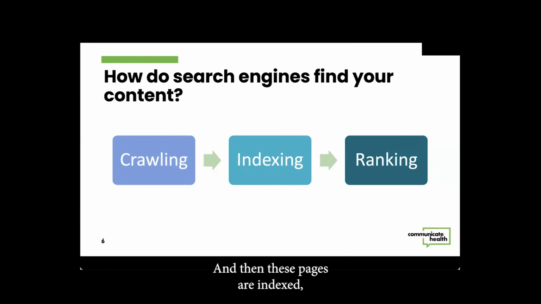And then these pages are indexed, so they're added to an index that search engines regularly pull results from. And then that all culminates in ranking. This last phase is that search engines are continually ranking web content based on factors like accessibility, page speed load time, keywords, things like that, many of which we'll cover in today's presentation.